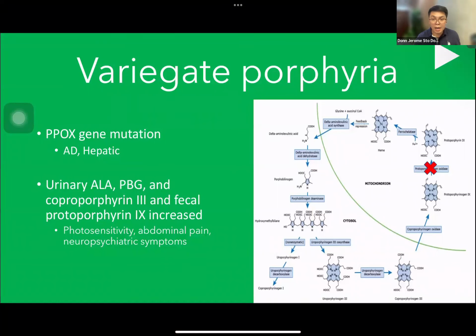Based from literature, they have elevation in urinary ALA, PBG, as well as your coproporphyrin 3 and protoporphyrin 9. So the manifestation is mixed, no? Remember, this is one of the few porphyrias that manifest both neuropsychiatric and cutaneous manifestations.